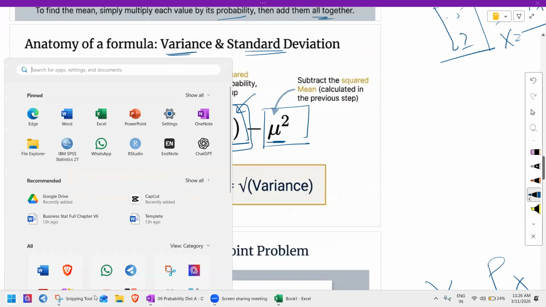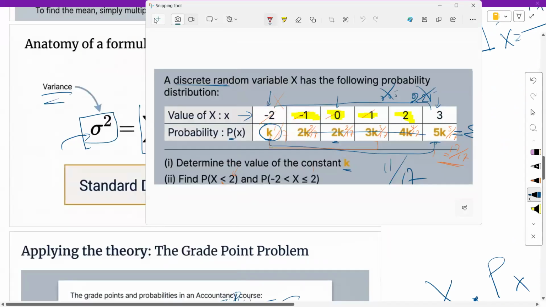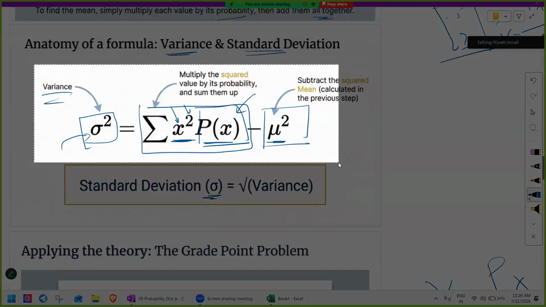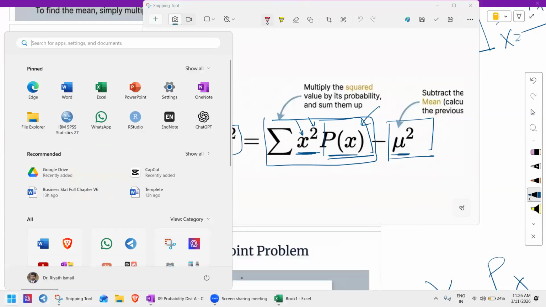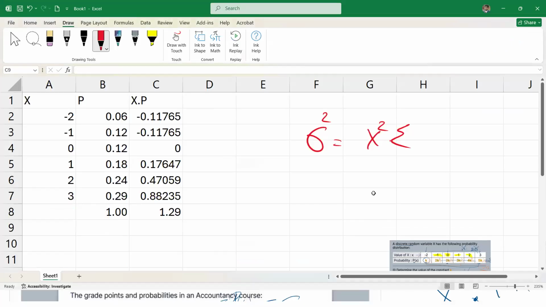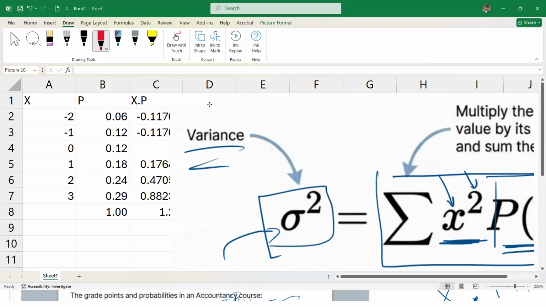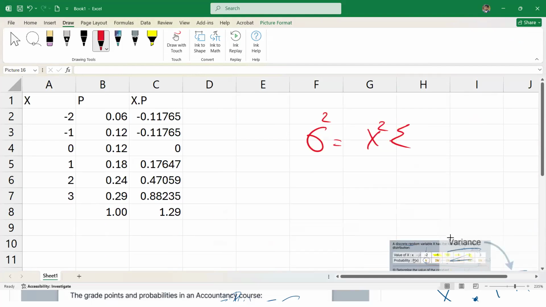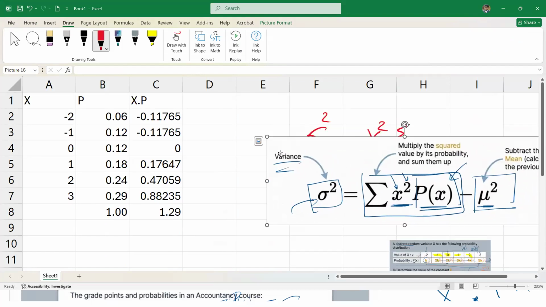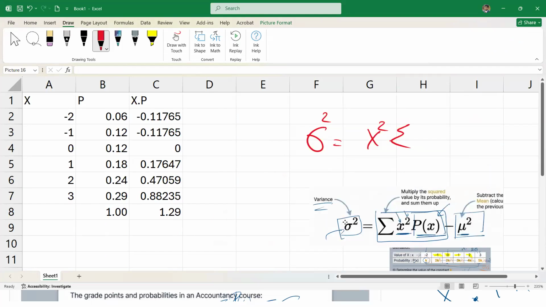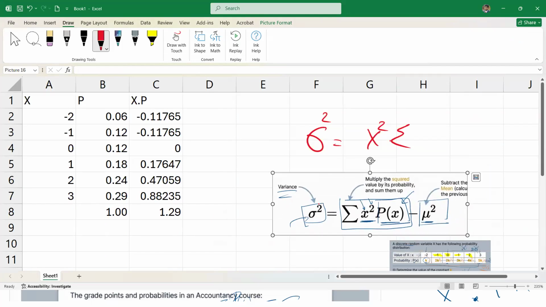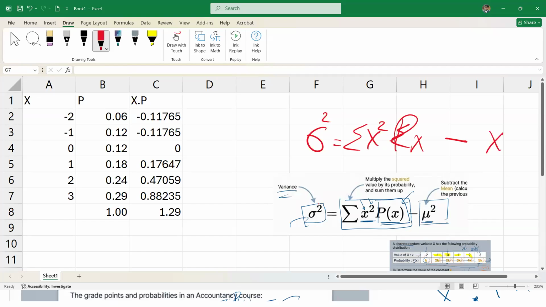I take the screenshot of this, it's easy for you. Right, this is, sorry, sigma x square into px minus x bar square, right? So this is the formula.